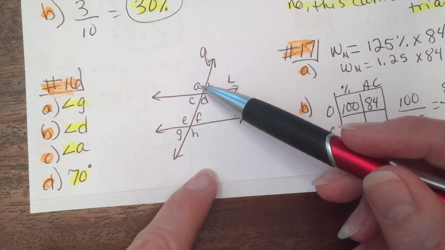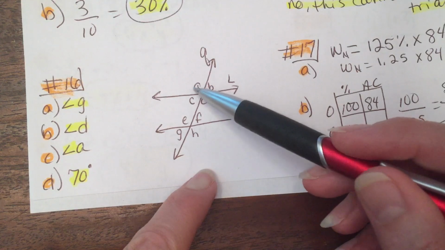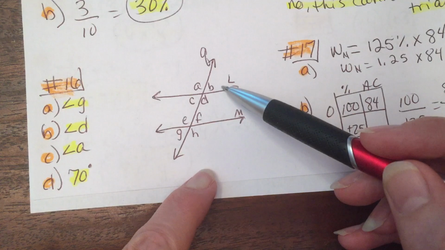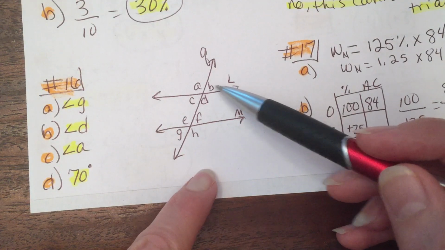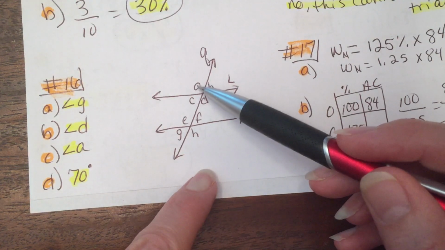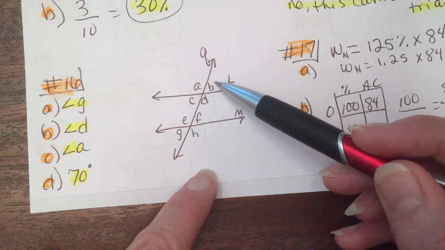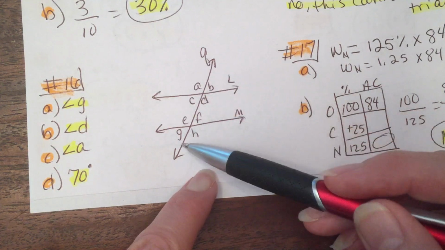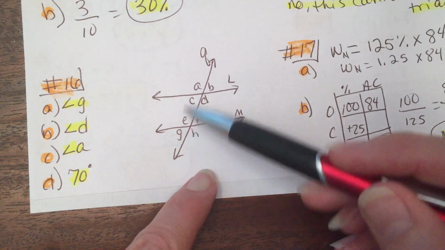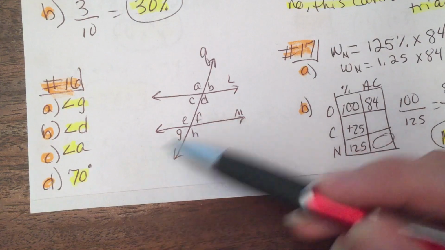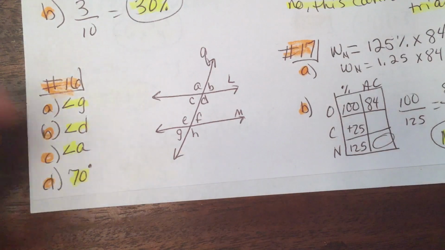So if angle A measures 110, angle B is supplementary to it, so it has to be 70. B is an acute angle, so all the acute angles here measure 70. All the obtuse angles measure 110, so angle F has to measure 70 degrees.